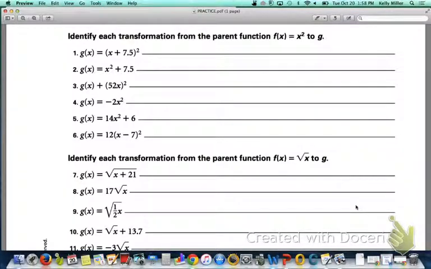Okay. Number 7, what's happening? It's going to translate left. That plus 21 is going to make it go left 21 units. Number 8, what's happening? Vertical stretch.